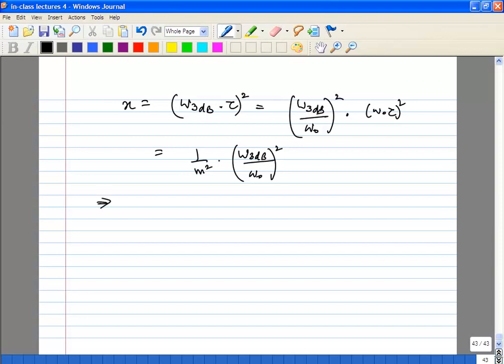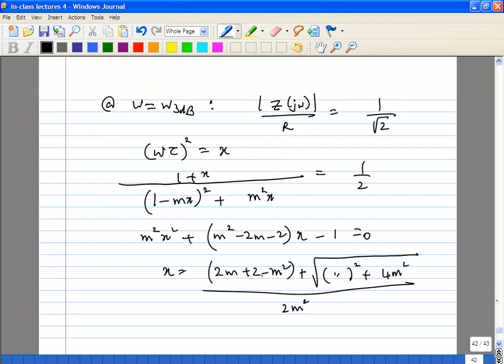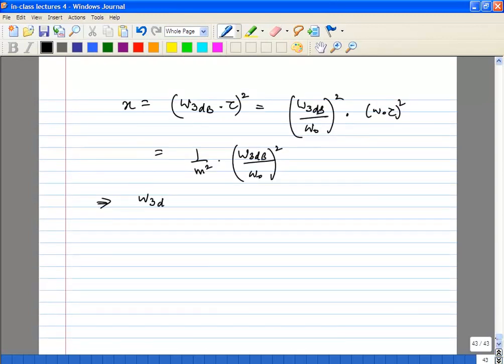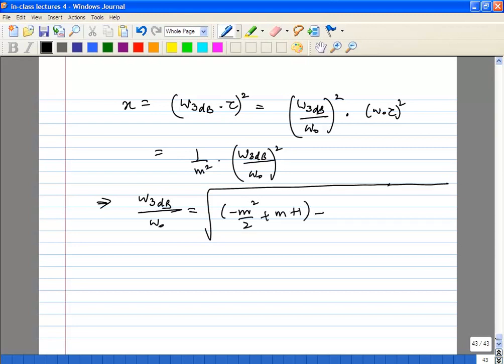So now you can put this back into the previous equation. Okay, you're going to get two roots. You're going to get a second root inside a root, obviously. But let's look at minus m squared by 2 plus m plus 1, okay, plus... So you get something like this.